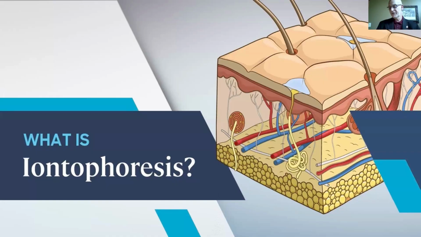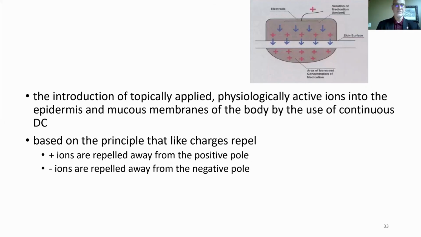So I'm going to briefly speak about iontophoresis because it uses direct current. One of the things it does is use direct current to try to push medication into the skin, and it's based on the principle that like charges repel.